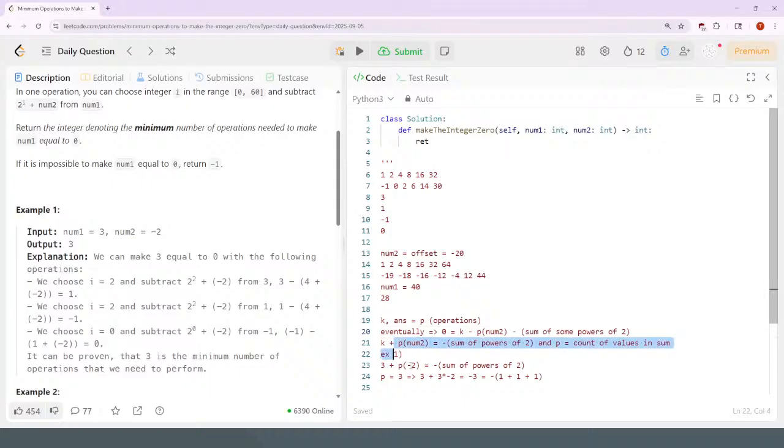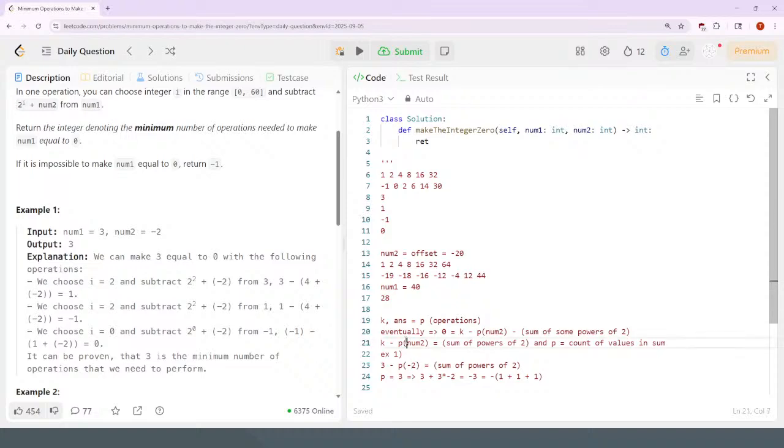Okay. So if I move this thing to the other side, then it's a sum of powers of 2. So this thing should be minus.